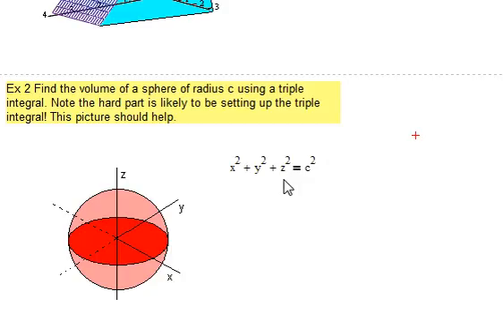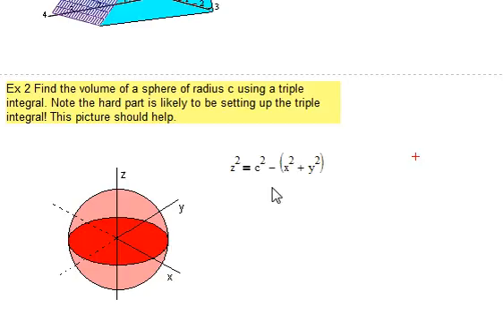And so if I solve this for z, I would get z squared equals c squared minus (x squared plus y squared), with x squared plus y squared grouped. And then one more step, take the square root of both sides, we'd have z equals plus or minus the square root of this, right? So that would give us a top and a bottom, the top being the plus, the bottom being the minus.